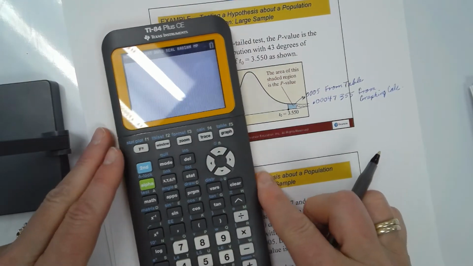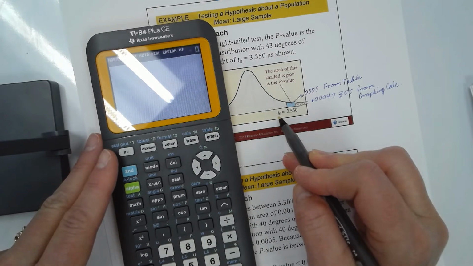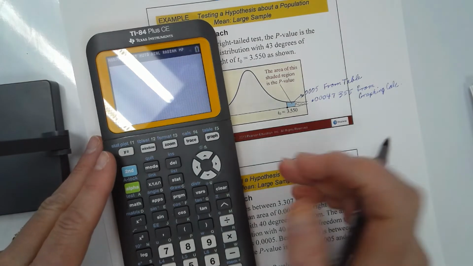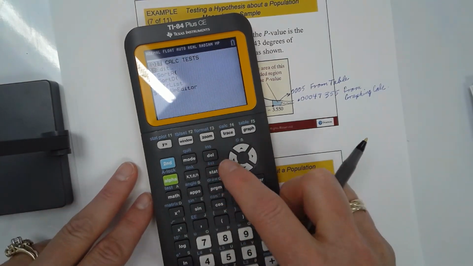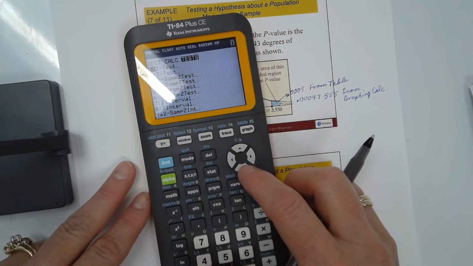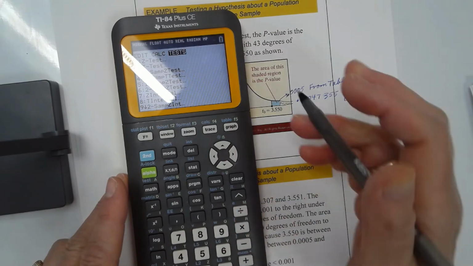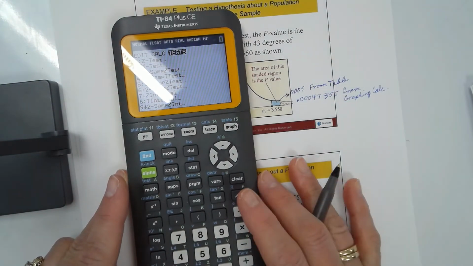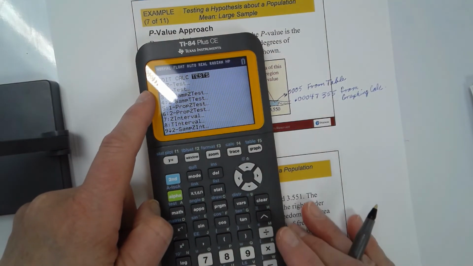But this is a T, not a Z, so we can't use normal CDF like we normally would to find the area. The way we find the p-value then is go to stat, tests, and this is a t-test because it is a mean, and we use a t-score here instead of a z.